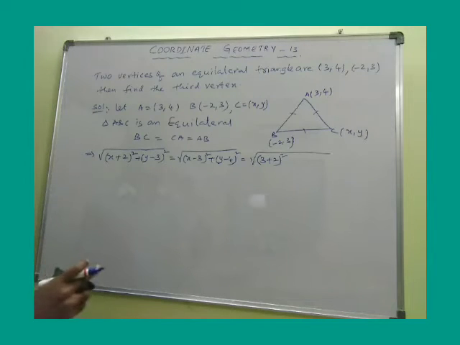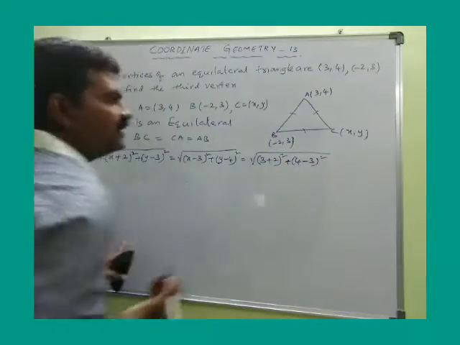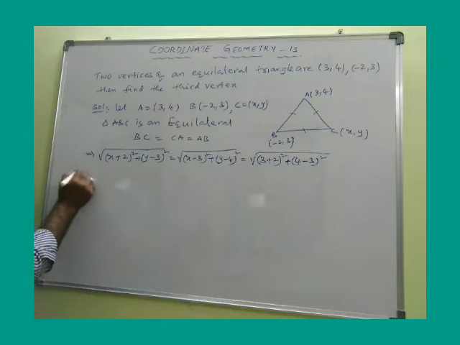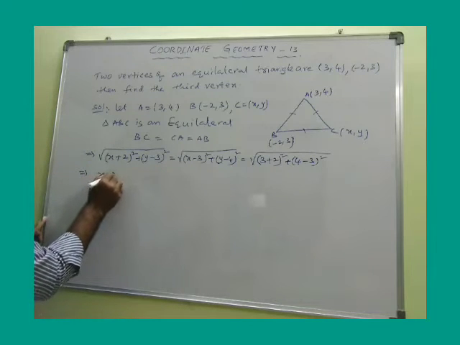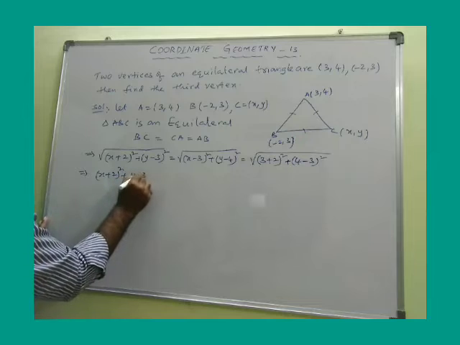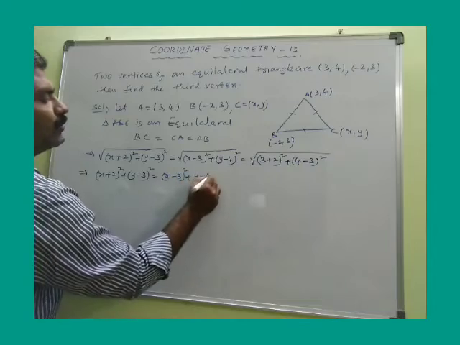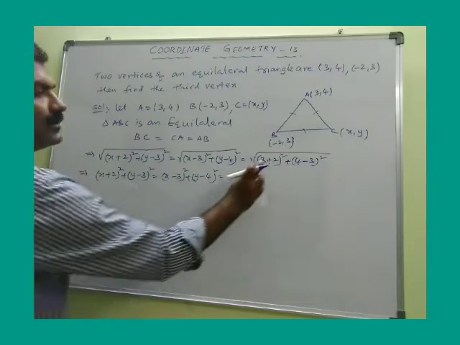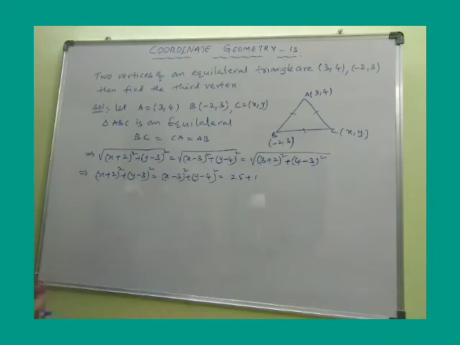Finally, the difference between X1 and X2, even if it is positive or negative, on squaring is finally positive, so it does not affect. Plus (4 minus 3) whole square. So once again, squaring on all sides, we get (x plus 2) whole square plus (y minus 3) whole square is equal to (x minus 3) whole square plus (y minus 4) whole square is equal to 5 square, which is 25 plus, of course, 4 minus 3, which is 1.